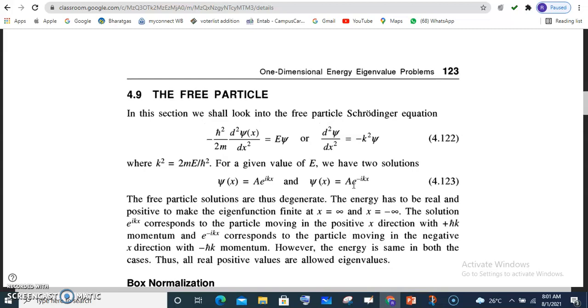So what do we do? The thing we can do is to think about possible normalization, because using 4.123, we cannot normalize a wave function.